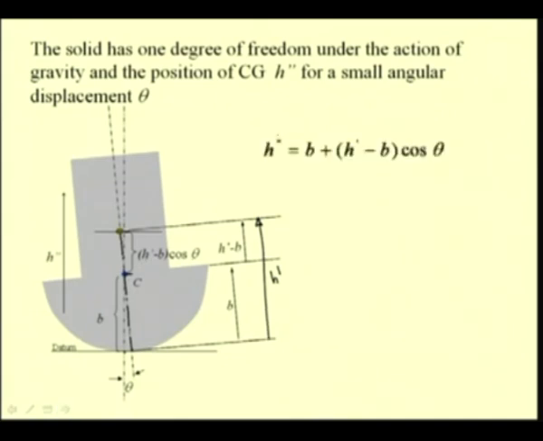So, this expression gives the location of the CG of the composite solid with respect to the datum surface for any angular displacement, say theta. So, now we can write the potential energy function in terms of this H prime.